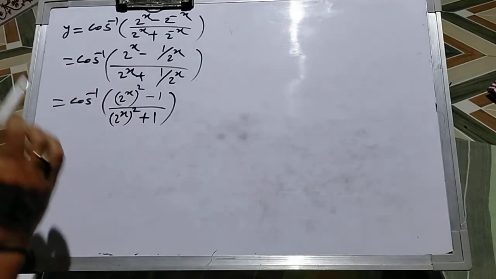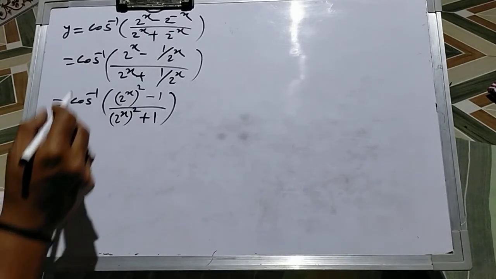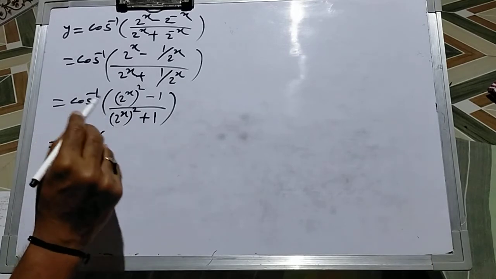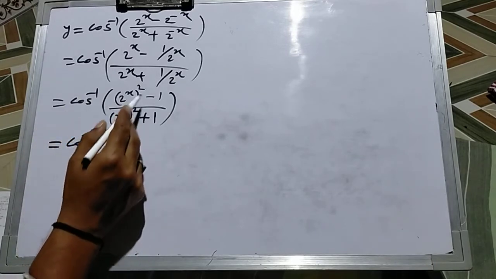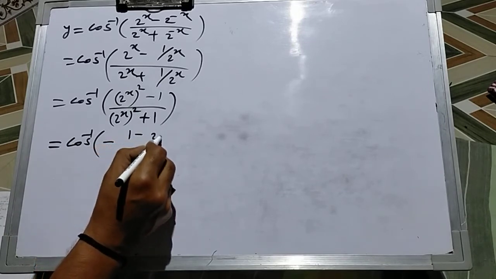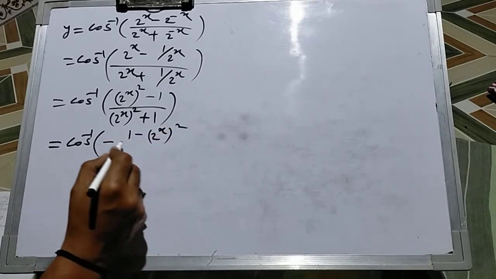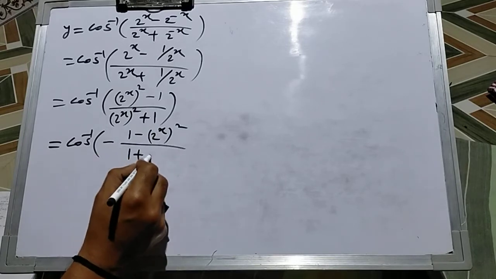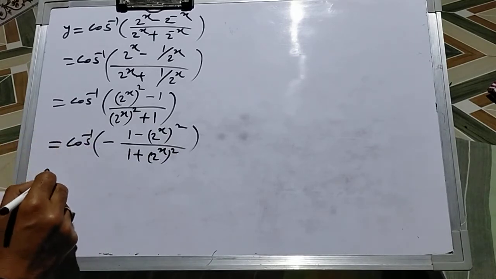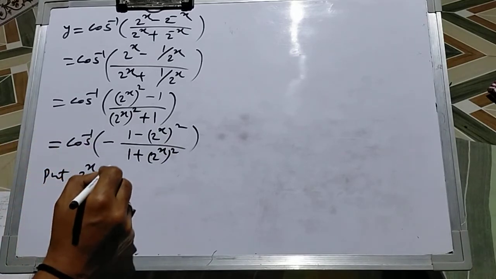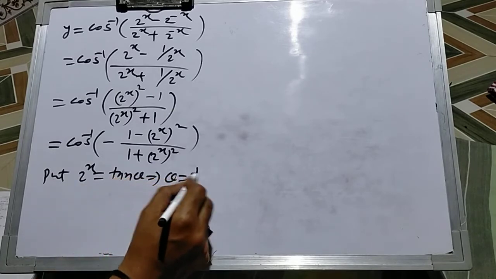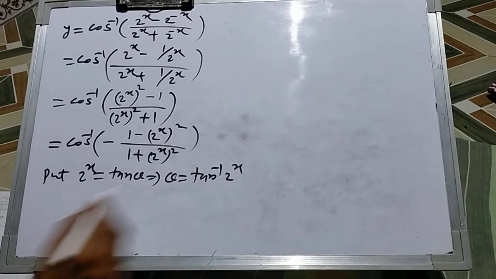We are getting this one, which is equal to cos inverse of, this term can be written as, we are taking minus common, so minus of 1 minus (2 to the power x) square divided by 1 plus (2 to the power x) square. Now we put 2 to the power x is equal to tan of theta, so this implies theta is equal to tan inverse of 2 to the power x.